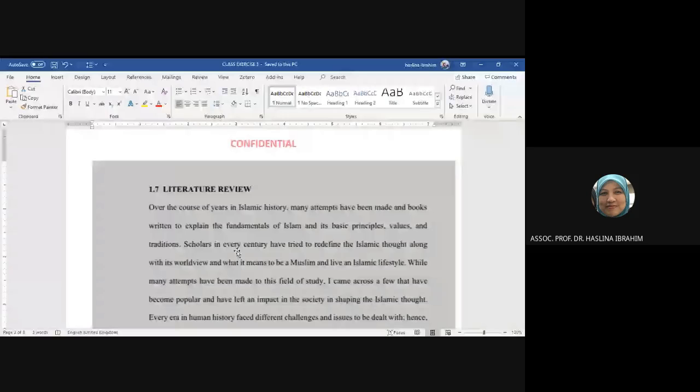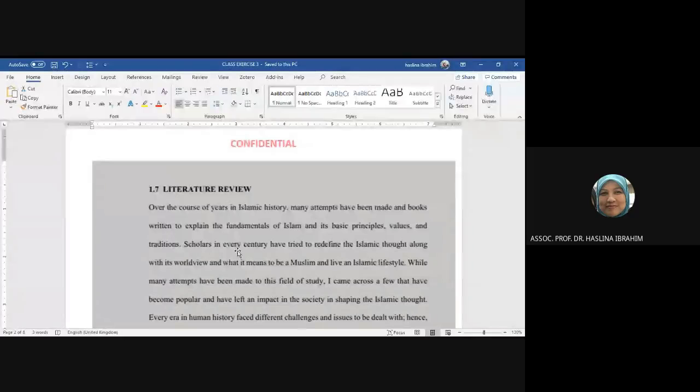You think your examiner will be able to guess what you understand? So you say it straightforwardly, because English academic writing is very straightforward. You don't speak behind the lines or make statements that have underlying meaning. So this is one of the things that you also need to learn, in terms of writing skill.